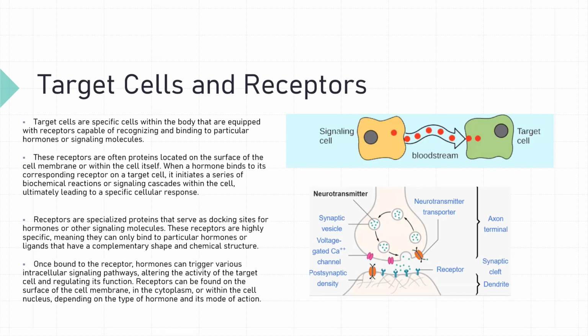Once bound to the receptor, hormones can trigger various intracellular signaling pathways, altering the activity of the target cell and regulating its function. Receptors can be found on the surface of the cell membrane, in the cytoplasm, or within the cell nucleus, depending on the type of hormone and its mode of action.